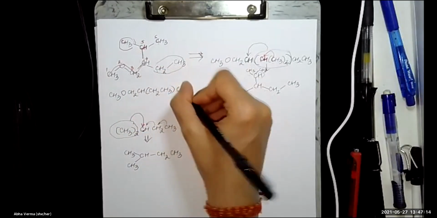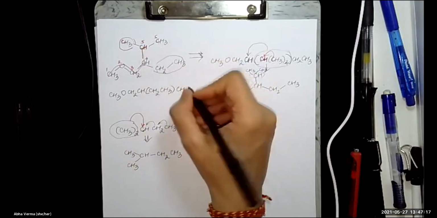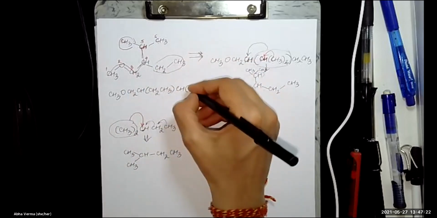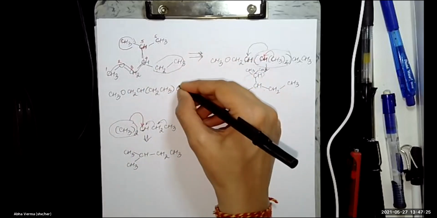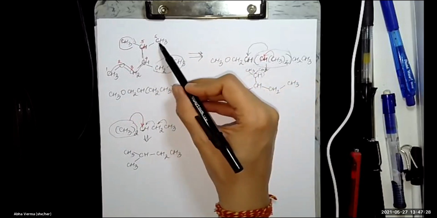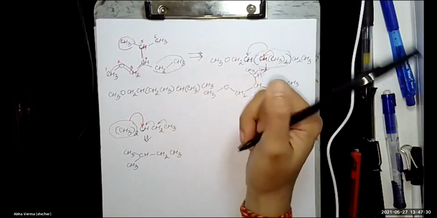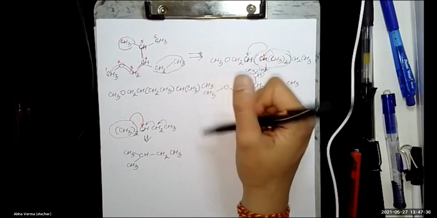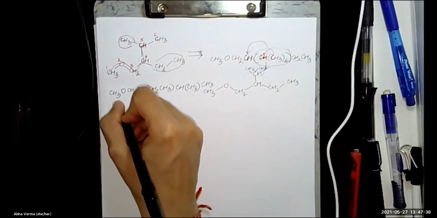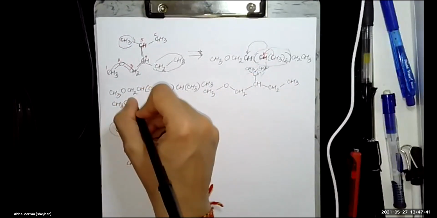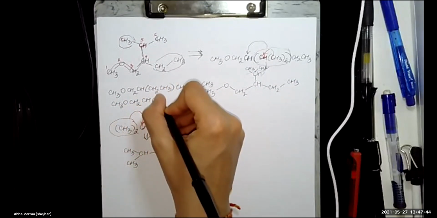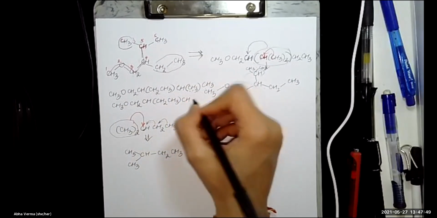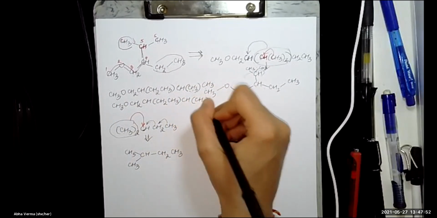Furthermore, CH, and then I have to write this CH3 for this CH. This CH3 for this CH, followed by a CH3. Now these two CH3s, I can also write them as CH, and both of these combined together.